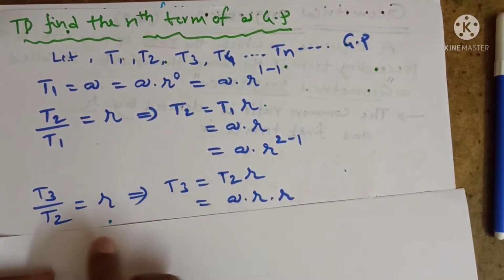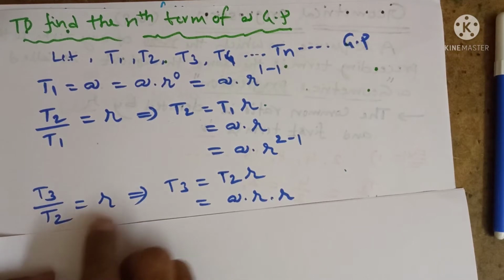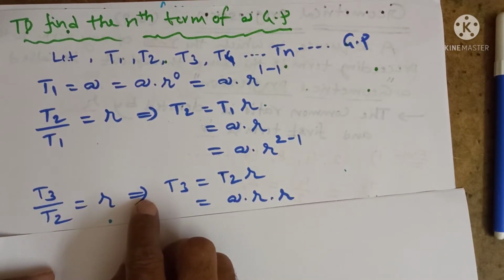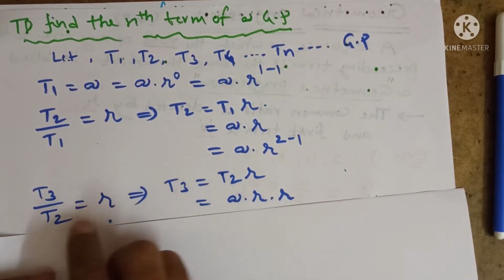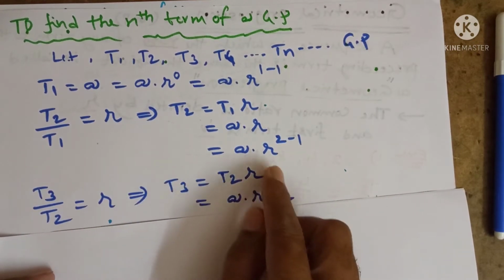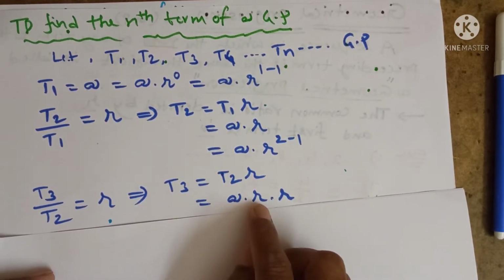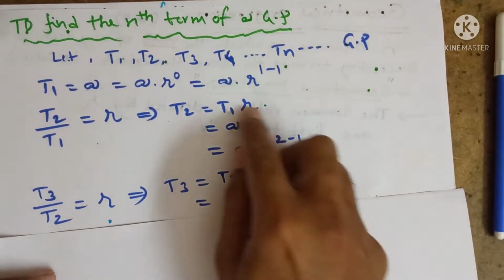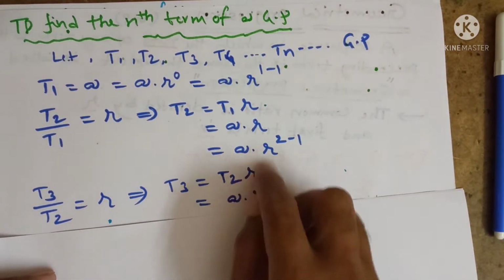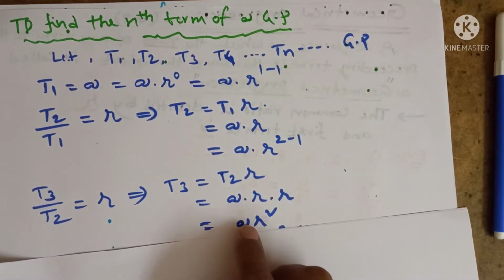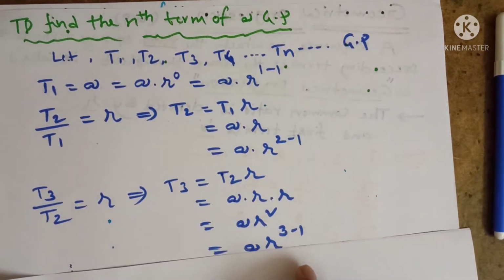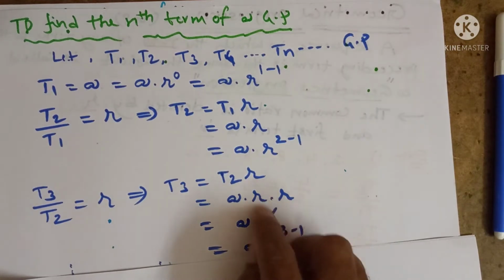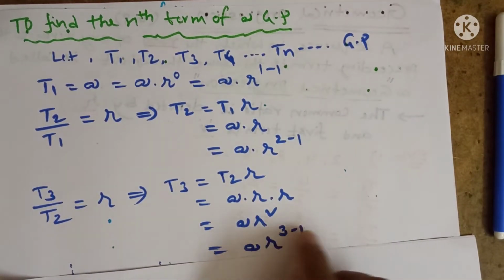Similarly, T3 by T2 is equal to R. T3 is equal to T2 into R, that is A into R into R, A into R square. This power 2 can be written as 3 minus 1.